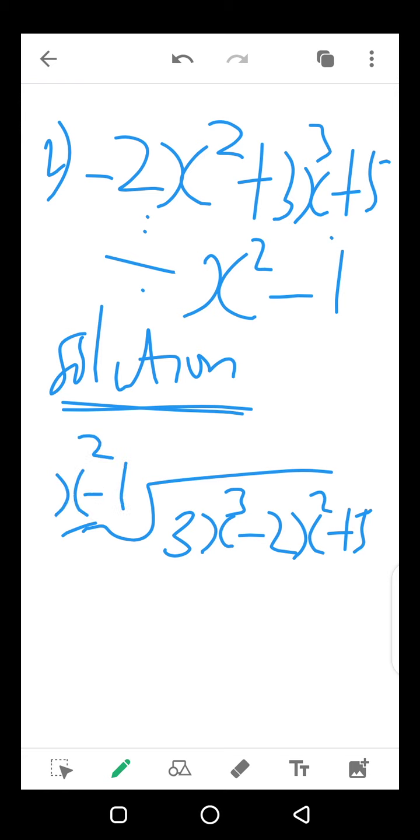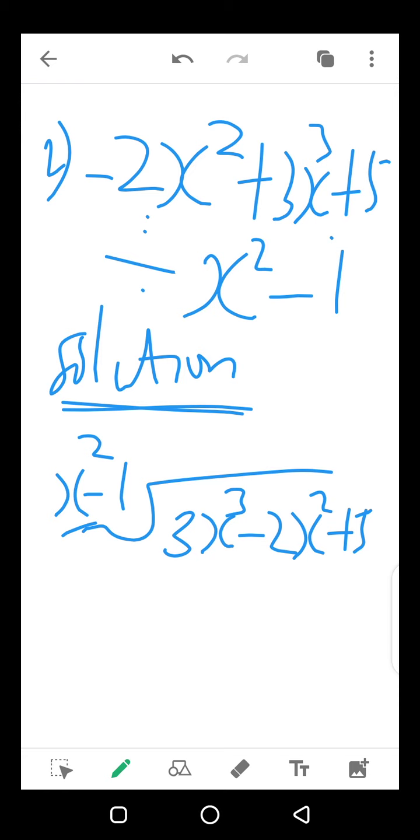Now again, here we are lacking something. We are lacking x, that is the term with just x raised to power 1. So we have to include it by introducing 0 as the coefficient of the x.